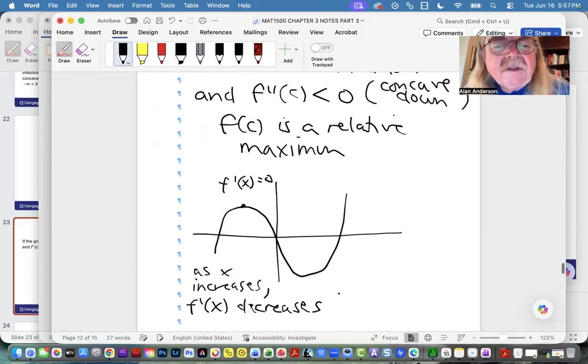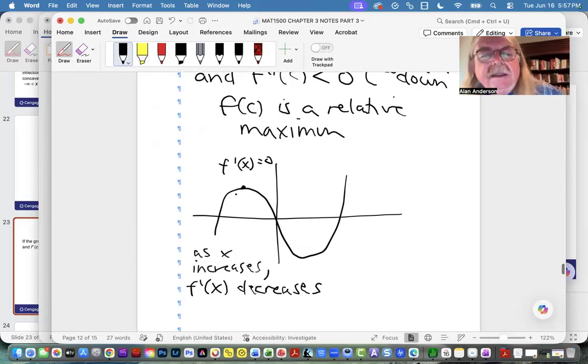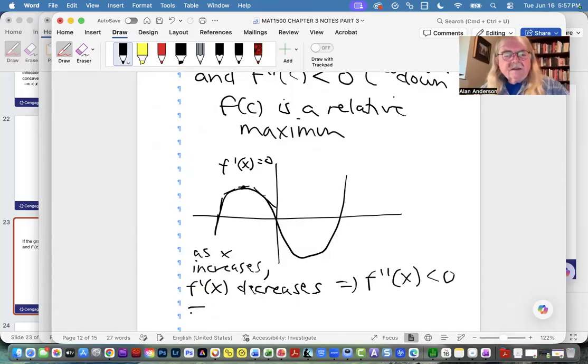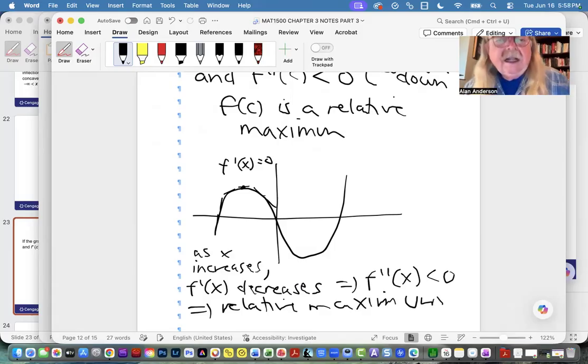So in other words, what's happening here is that the slopes of these tangent lines are getting smaller. So the second derivative is negative, which means this must be a relative maximum. And then down here is the opposite.